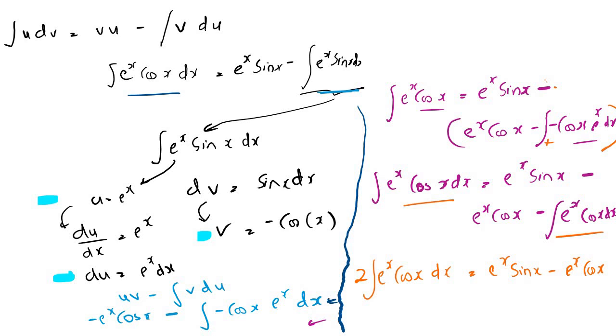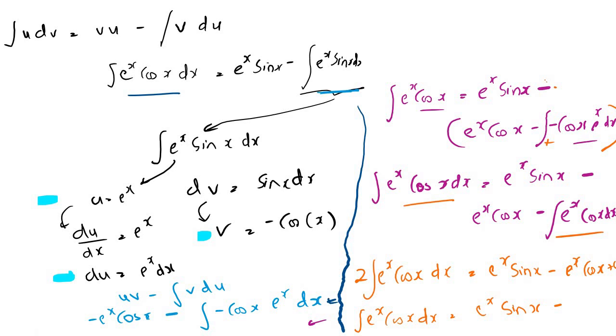Then if you only want this function, of course plus c because we are integrating, we have integral e to the power x cos x dx is equal to e to the power x sin x minus.